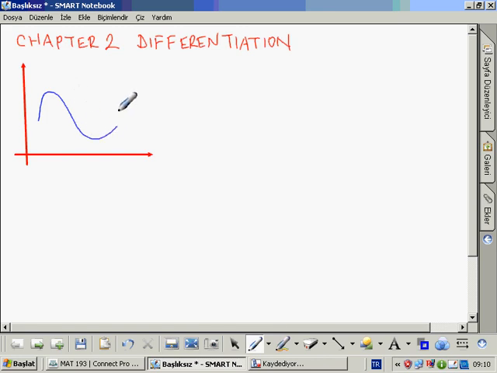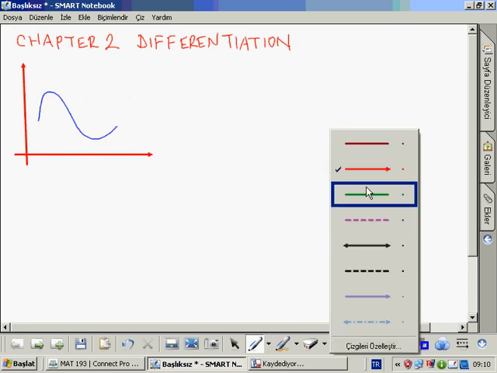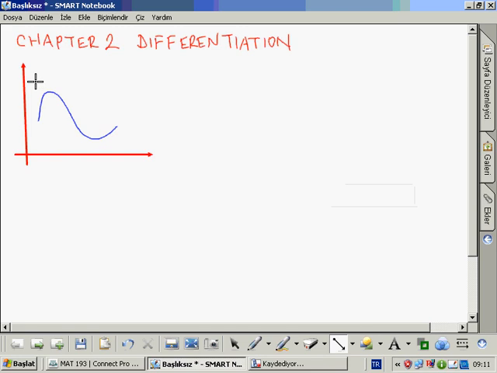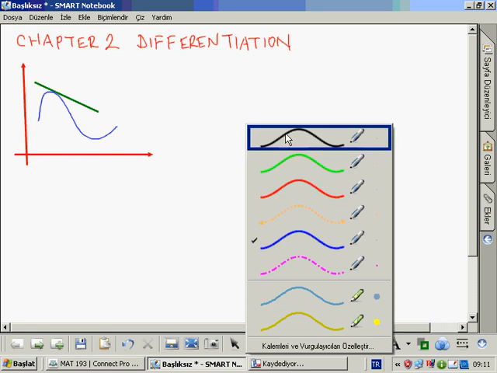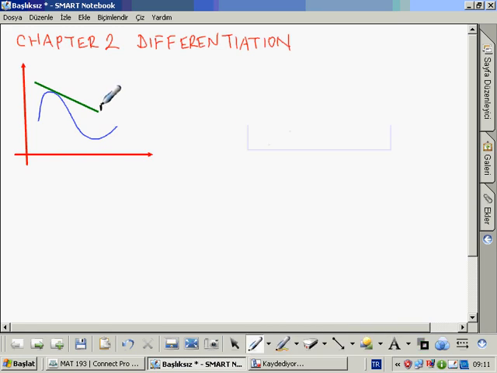When you draw a straight line which meets the curve at the P point, this line is the L line, and this is the C curve. It can also be obtained from the f of x function.